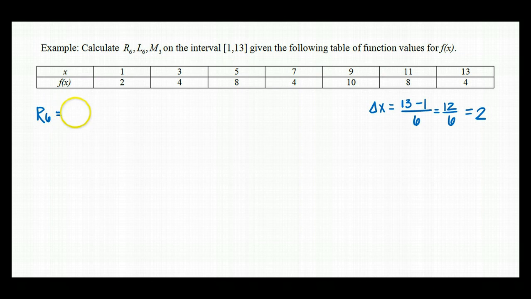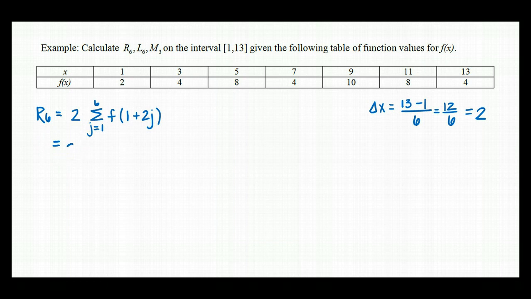So R6 using our formula is delta x, so 2, times the sum of j equals 1 to n being 6, of f of a, so a, the first value, is 1, plus j delta x. So delta x was 2, so plus 2j.